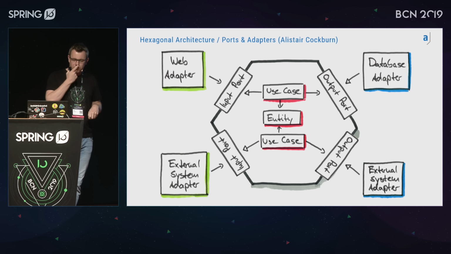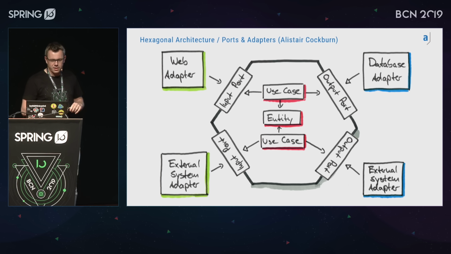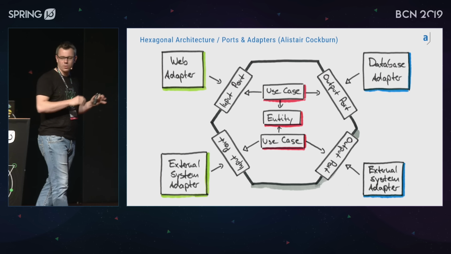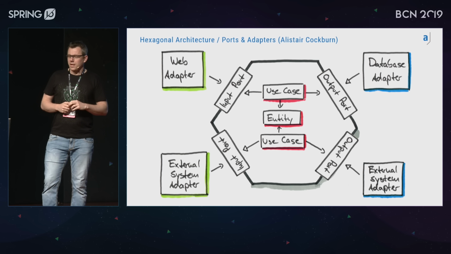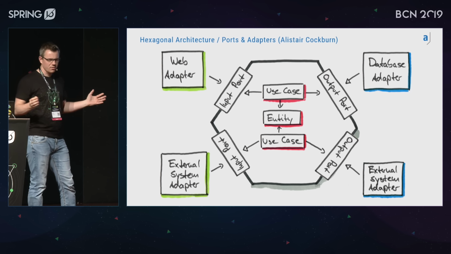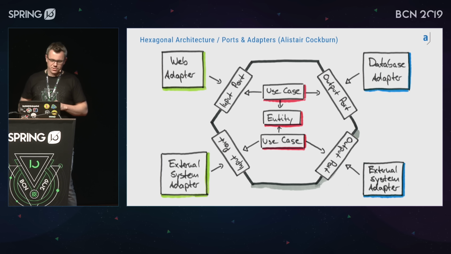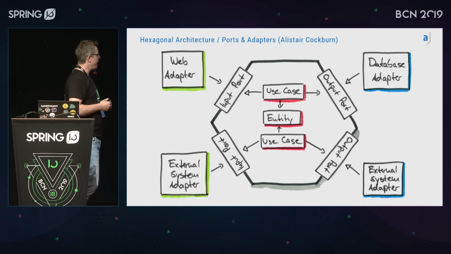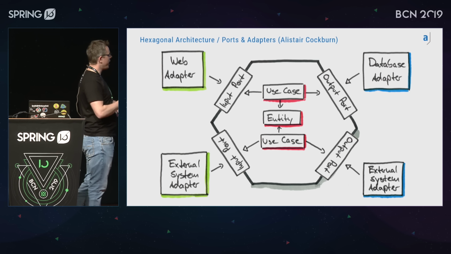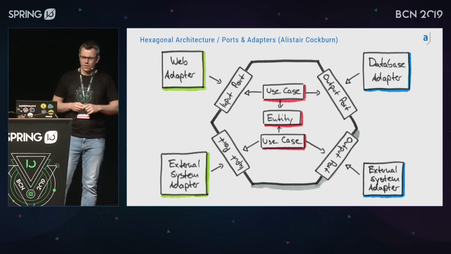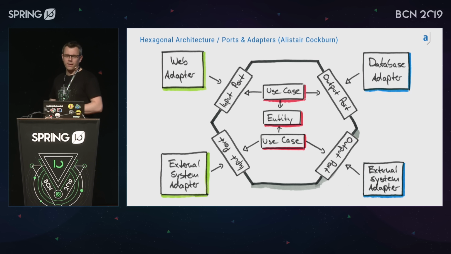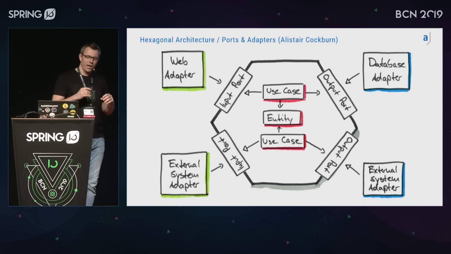If we drill into a hexagonal architecture, this is my interpretation of a hexagonal architecture. It looks like this. We have a hexagon, obviously, 6 sides, 6 corners. And within the hexagon, we have our domain layer, our domain code, use cases, entities. On the edge of our hexagon, of our application core, we have ports.